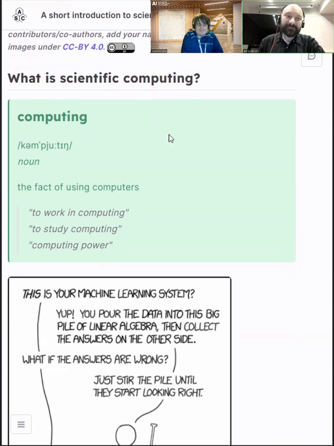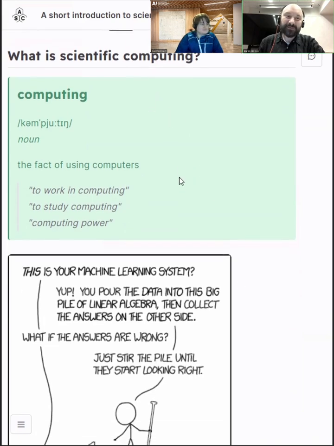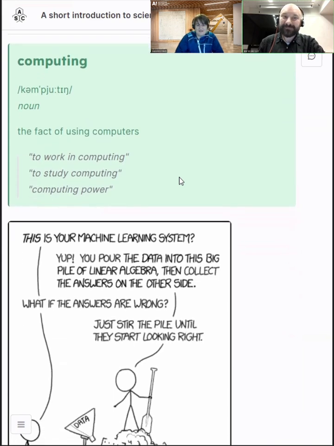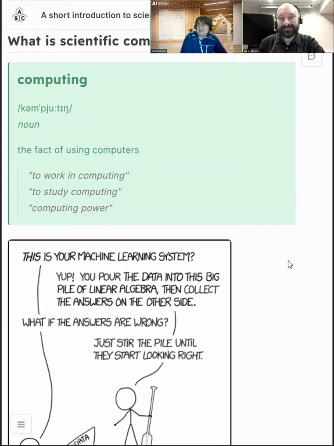So if I ask you, Susa, what is scientific computing? How would you answer that? Well, basically, I would answer that scientific computing is at the baseline every part of computing that helps science, that helps researchers.